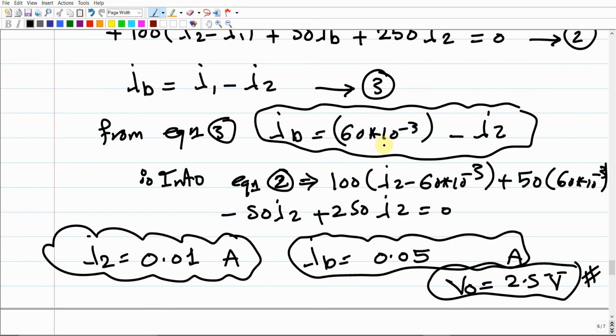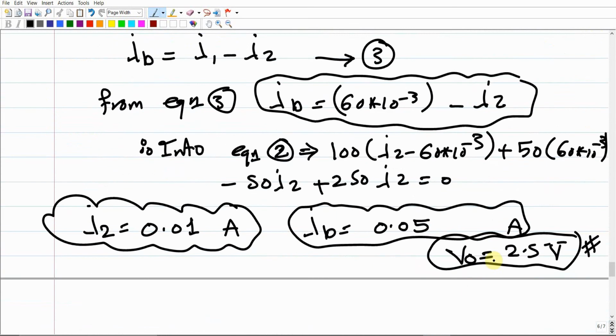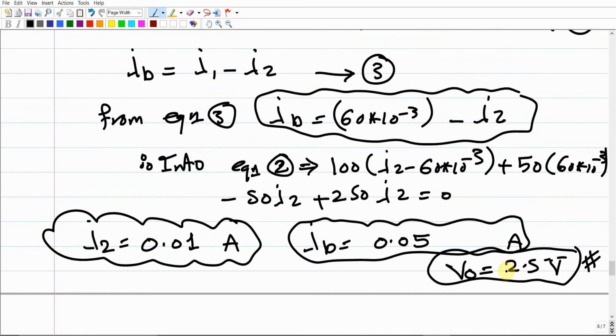IB will be 60 times 10 negative 3 negative 0.01. This gives us 0.05 ampere. Then if you multiply IB times 50 to get V0, because it is 50 IB, we end up with the voltage over this source being 2.5 volts.